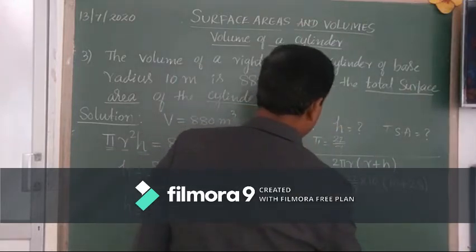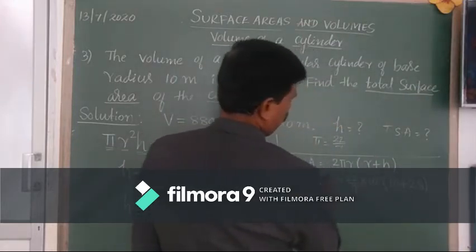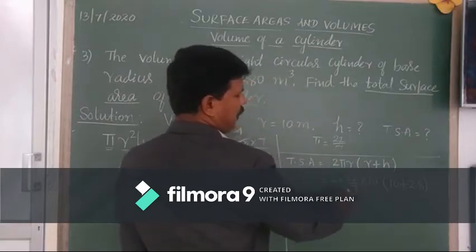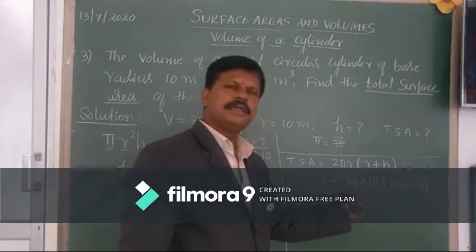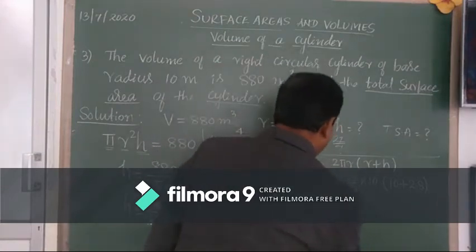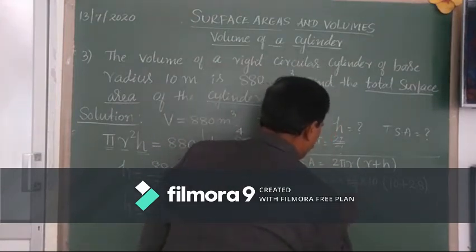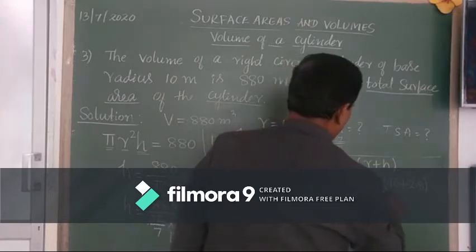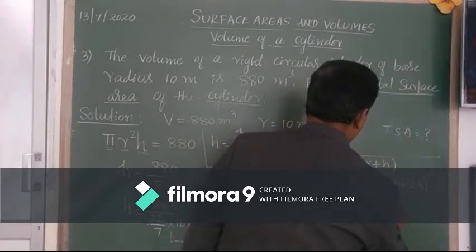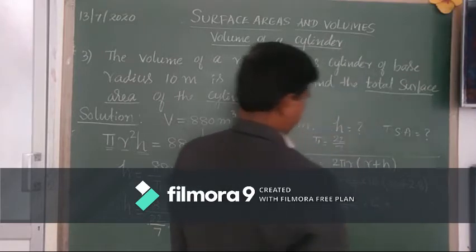Now this is 22 into 10 by 7. We cannot cancel any of the numerator by 7, so you can keep it as it is. 22 into 2, 44 into 10, 440 by 7 into 10 plus 2.8 is 12.8.